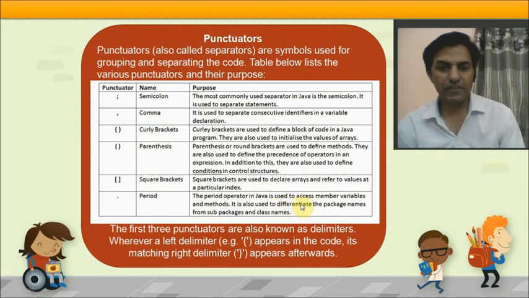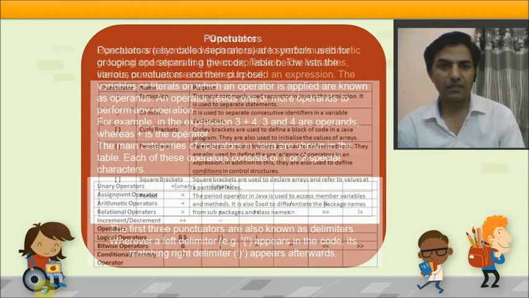It is used to differentiate the package name from subpackages and class names. The first three punctuators are also known as delimiters. Wherever a left delimiter, for example an opening curly bracket, appears in the code, it matches a right delimiter, that is a closing curly bracket, appearing afterwards. So these are punctuators.